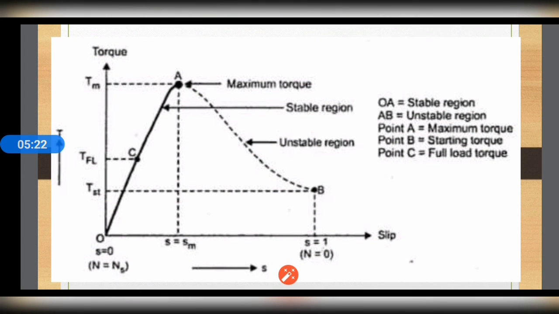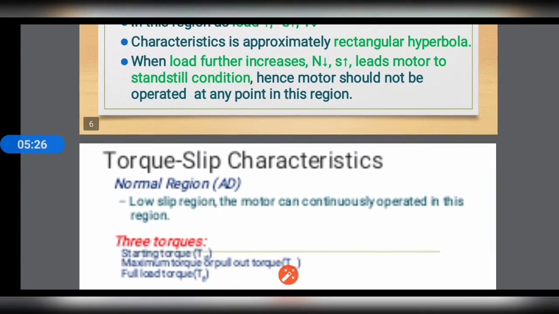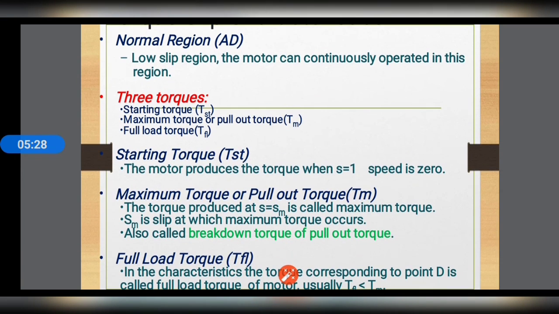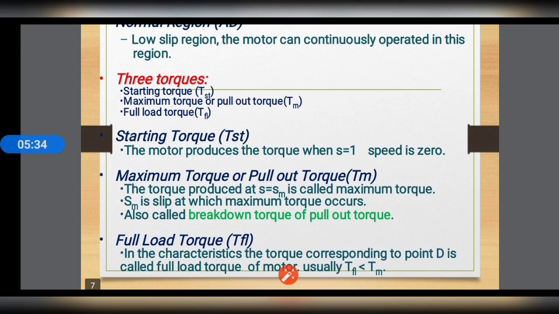The maximum torque is at the value of s equal to Sm. So there are three torques basically: starting torque, maximum torque, and full load torque. We conclude from here that the motor produces the starting torque when speed is 0, that is, s equal to 1.